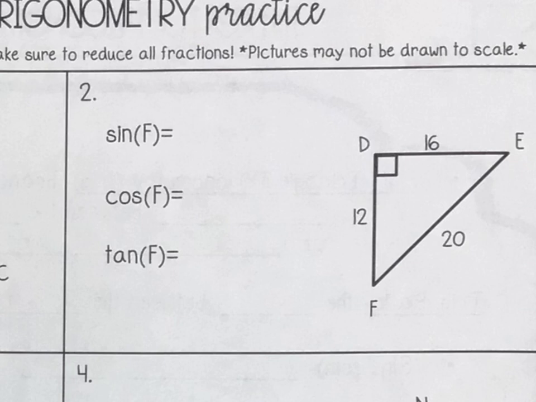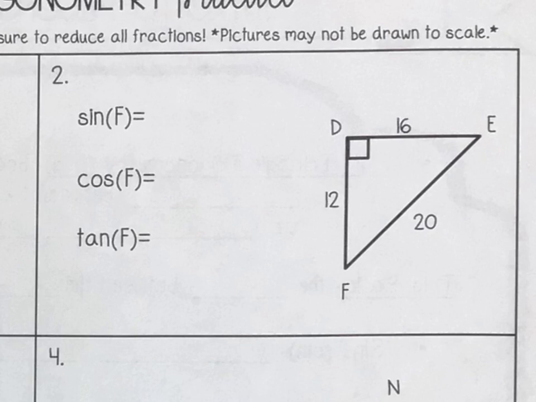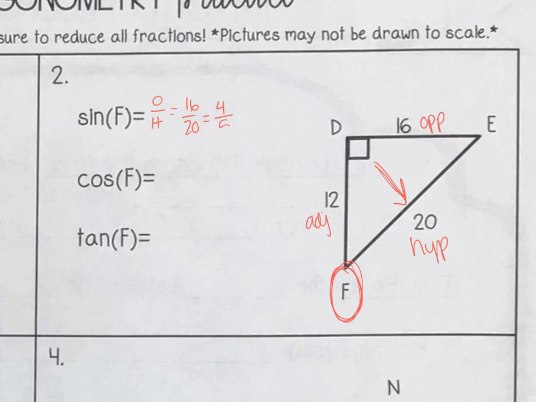All right, so for number 2, what is my reference angle? F. The hypotenuse is 20. The adjacent is, and the opposite is, very good. All right. So the sine is opposite over hypotenuse. What is that? 16 over 20, reduce it. 4/5.